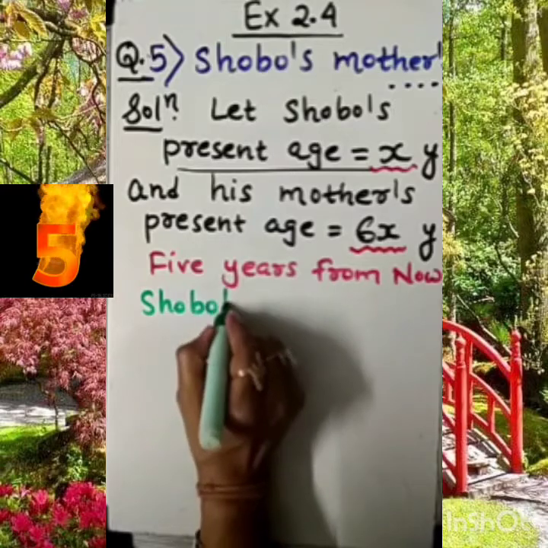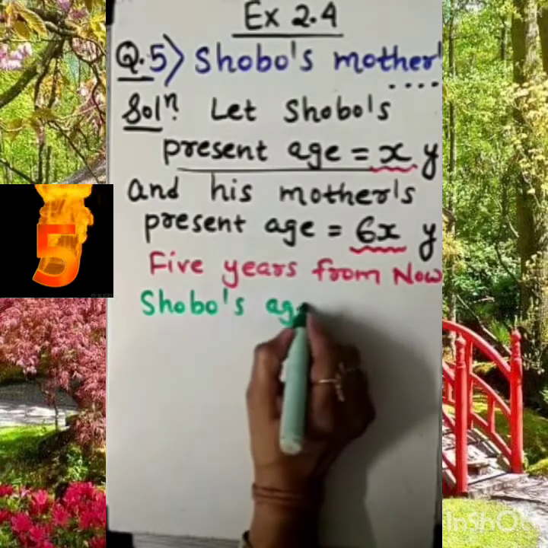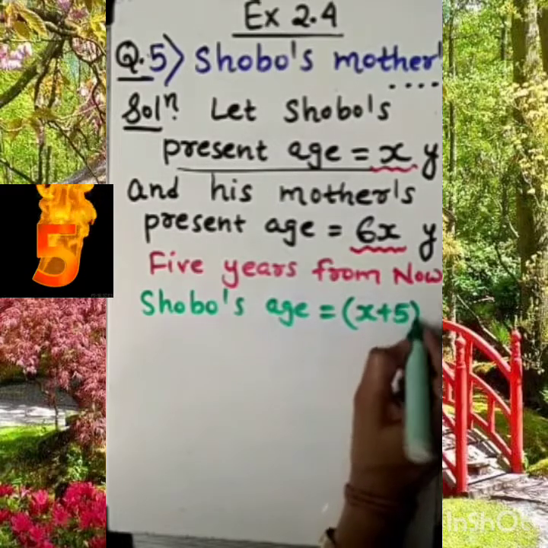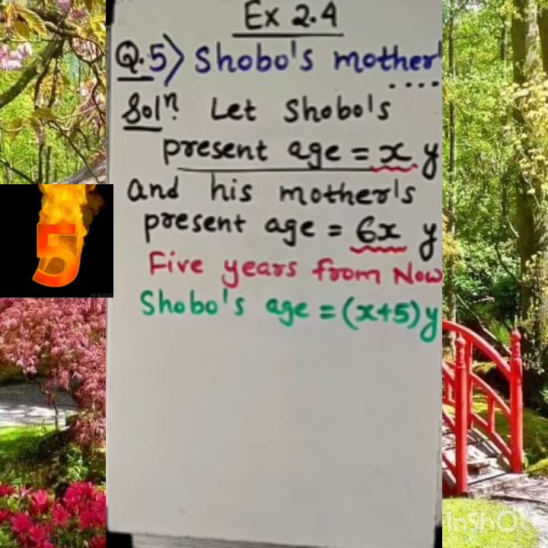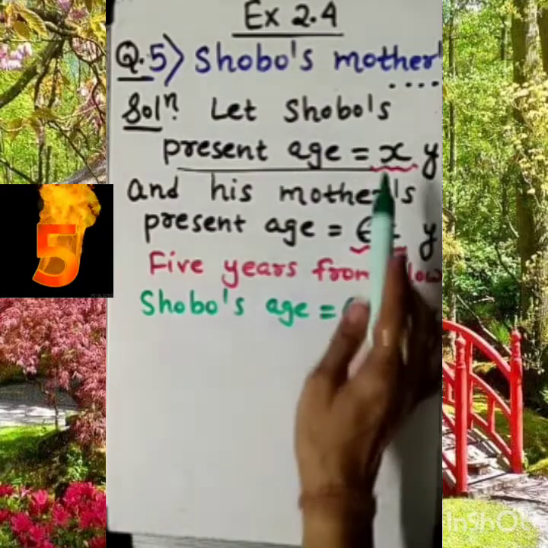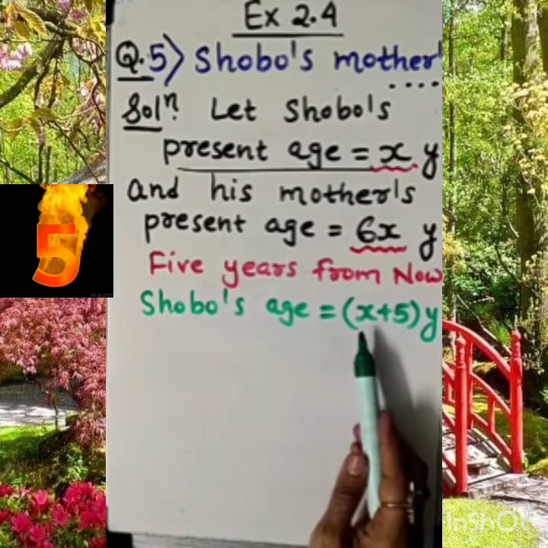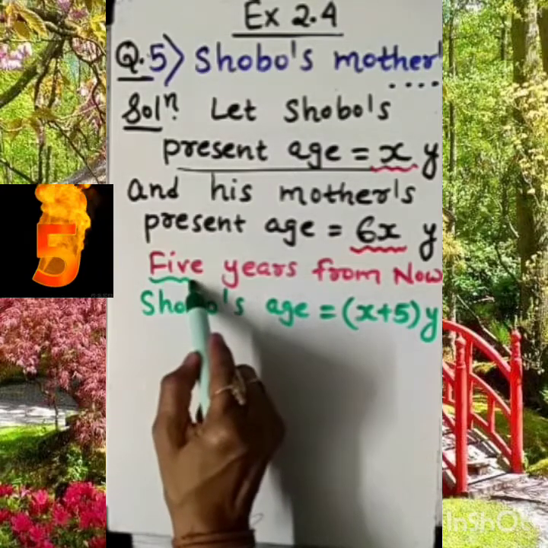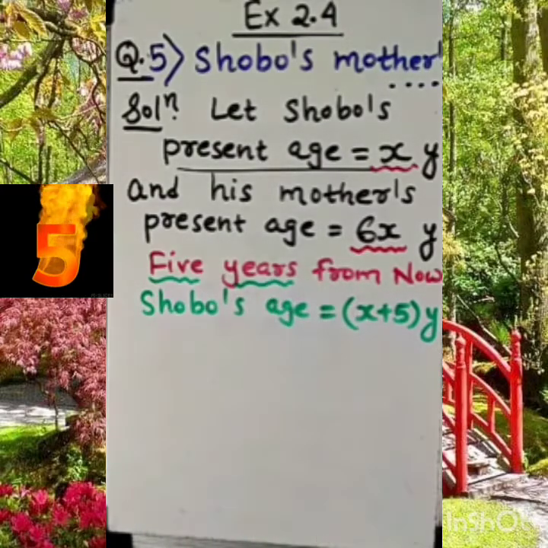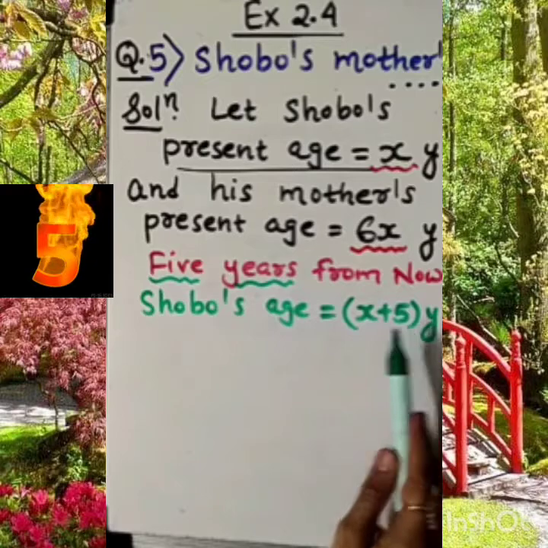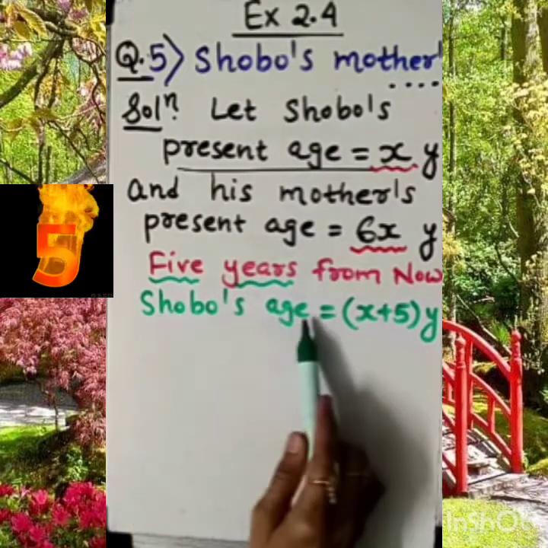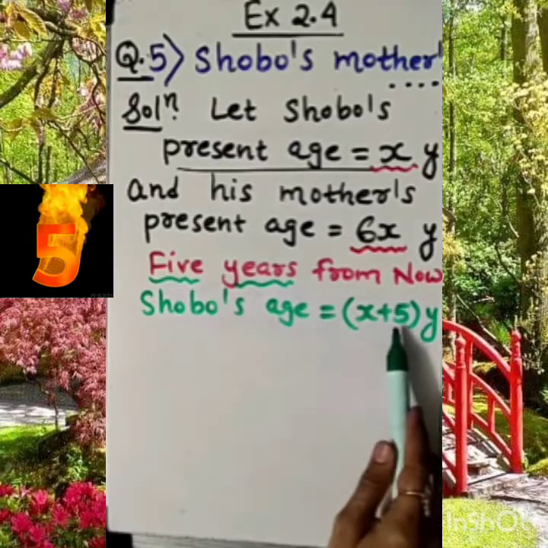We need to write Shobo's age will be x plus 5 years. Why? Because the present age of Shobo is x years, and after 5 years, meaning in the future, 5 years will be added to the present age. So after 5 years Shobo's age will be x plus 5 years.